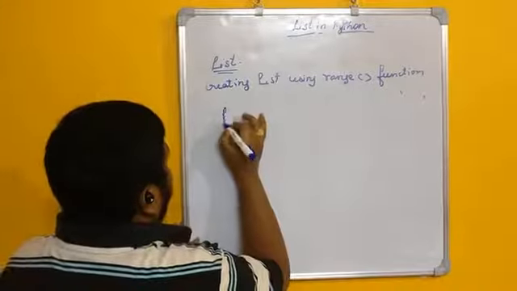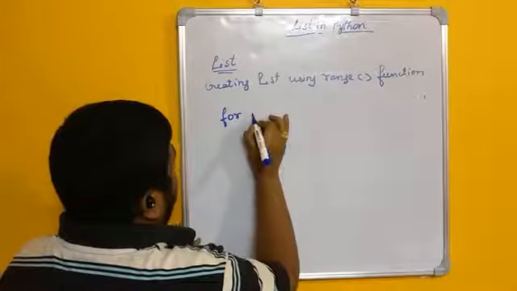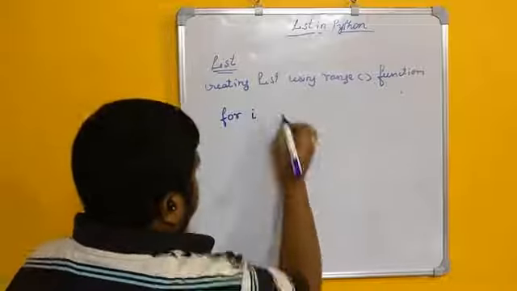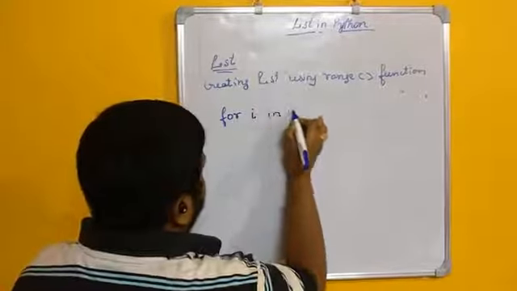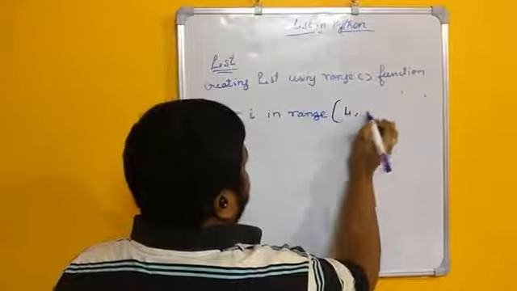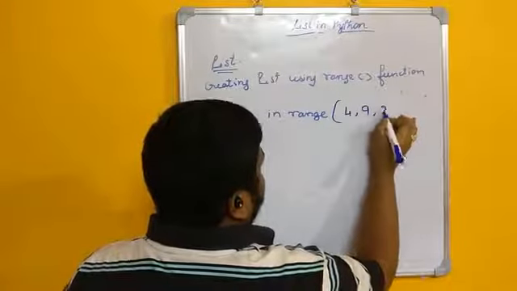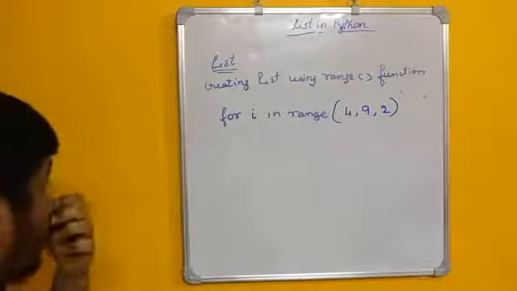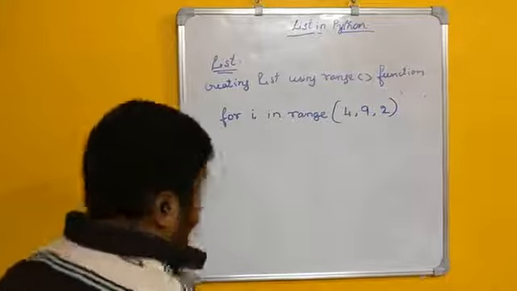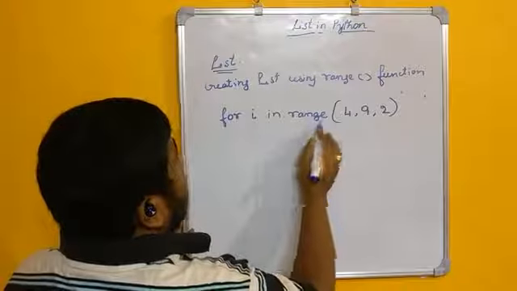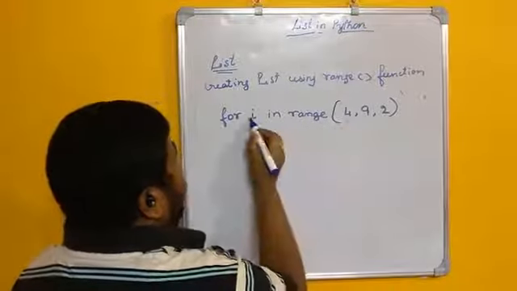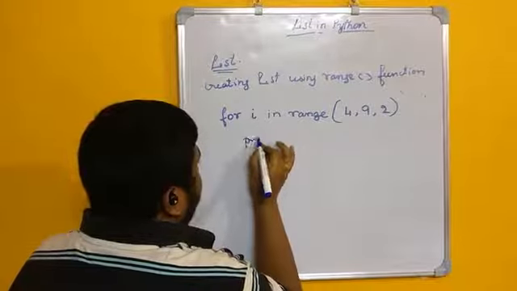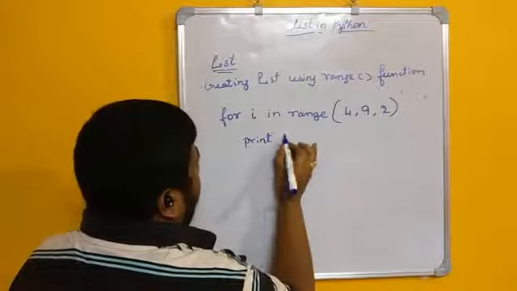See, for i in range(4, 9, 2). So what happens now? Every element of the range is stored in i, so we can print i.